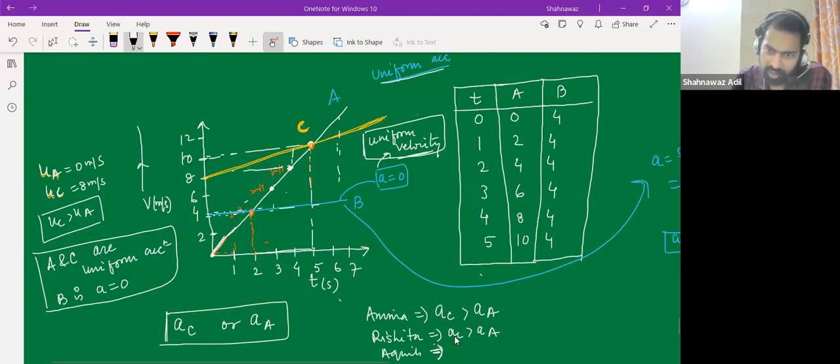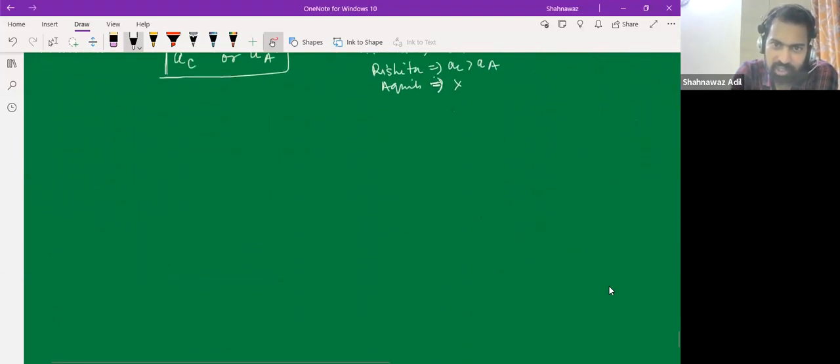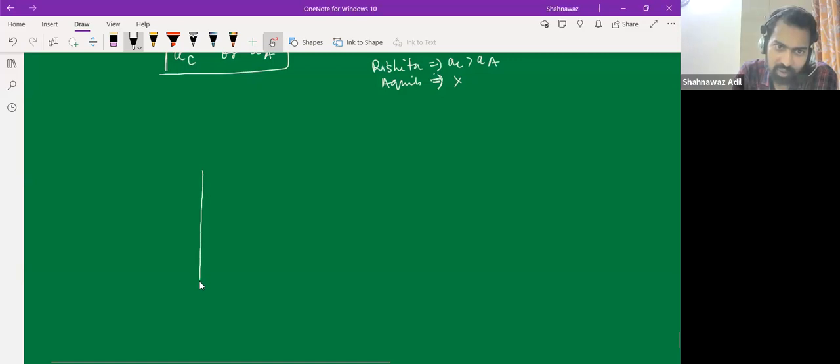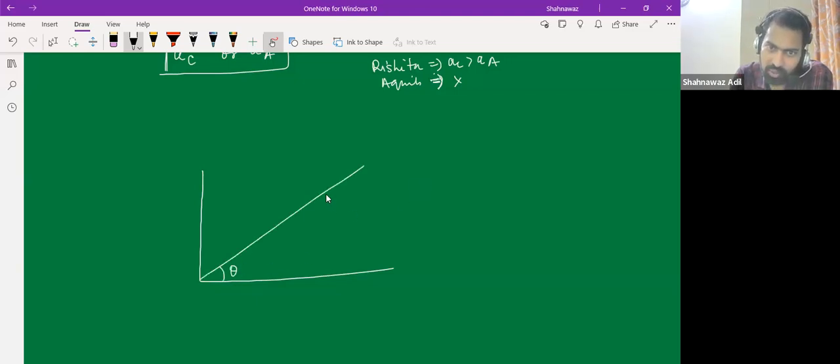Okay. So let me talk about slope. I guess you guys have forgotten what slope is. Let's say this is the angle theta. Let's say this is point x2, y2, and this is point x1, y1. If I want to calculate the slope of this graph, that is equivalent to tan theta.